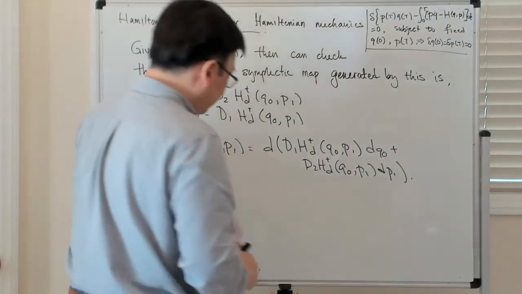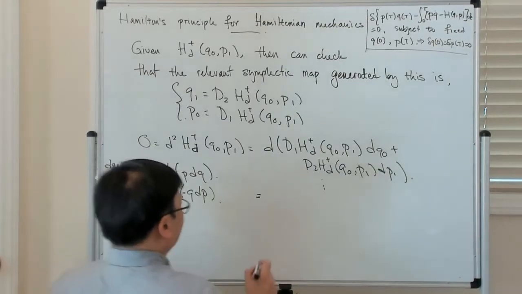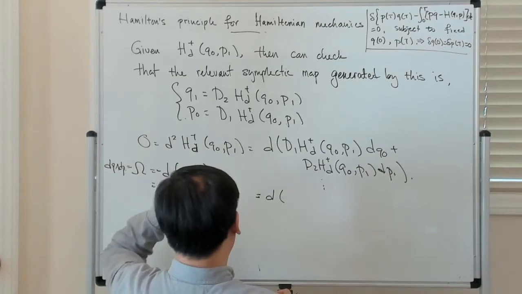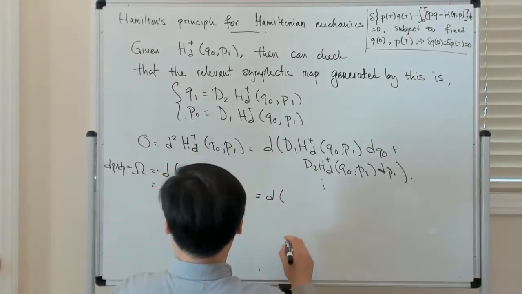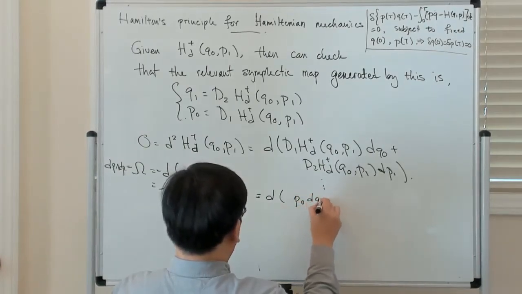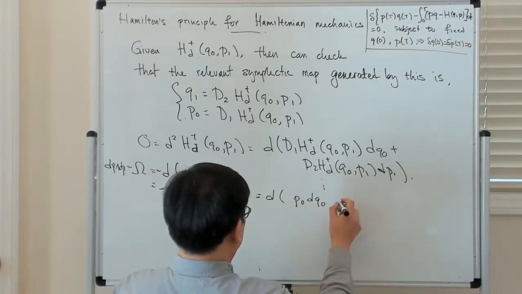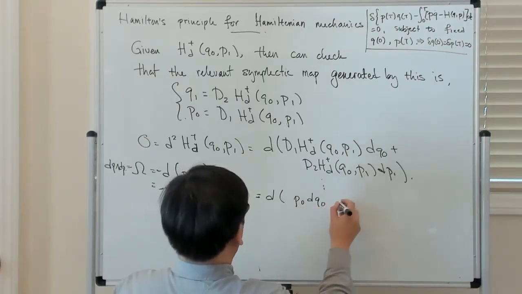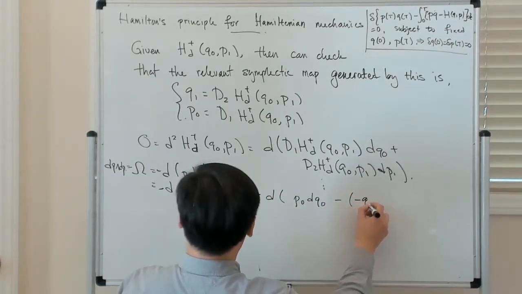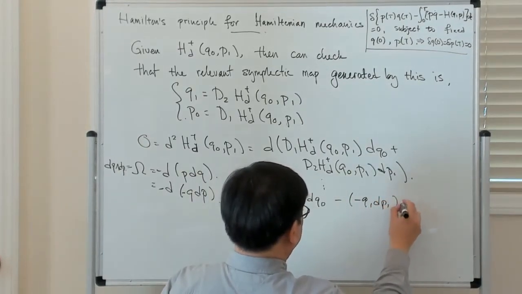So if you skip a few steps and realize what you're trying to get at, you get d of something like p0 dq0, minus, if you will, q1 dp1.